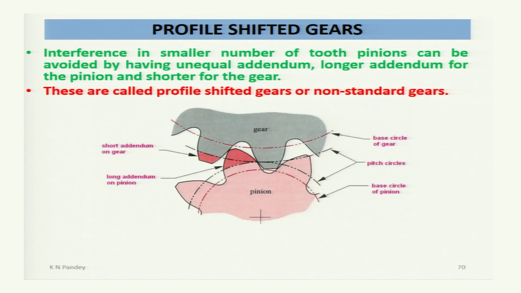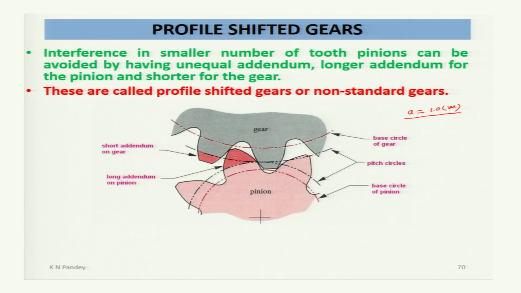You may see here the addendum is shorter on the gear and longer in the case of the pinion. But we have seen in the standards that the addendum A is equal to 1 times the module. But now here we are changing it for the case of gear and pinion. So the same addendums are not there.